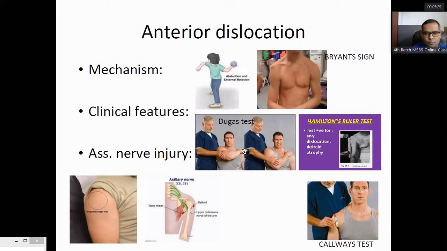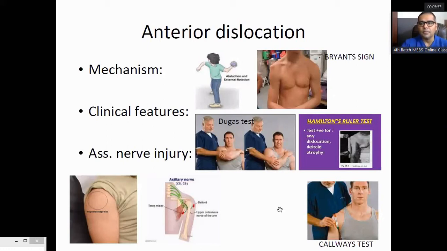The most common test we perform is the Dugas test. That is, the patient tries to touch the opposite shoulder with the elbow touching the anterior part of the chest. If the patient can touch the opposite shoulder, then we say it is normal, the shoulder has reduced. We also do this test after reduction to confirm whether the joint is reduced or not.